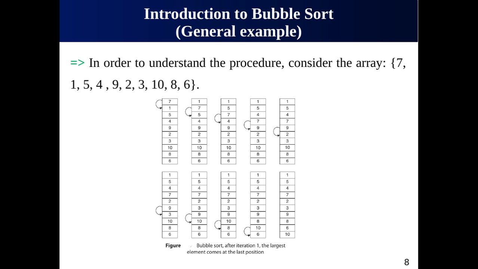Remember, at the end of each step the largest element bubbles out. So let us see this array. What is the largest element here? That is 10. At the end of the first step, the largest element bubbles up to the last location. So we see here that 10 is now at the correct location.